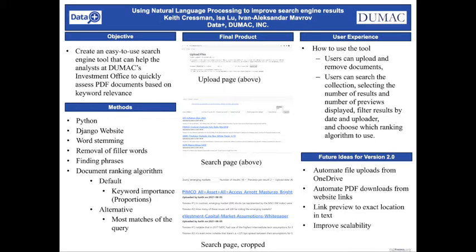And two such functionalities that deserve to be noted are the date filter and the user filter that we developed. For the date filter, it is important to note that financial documents lose a lot of their information value very fast after they have been published.